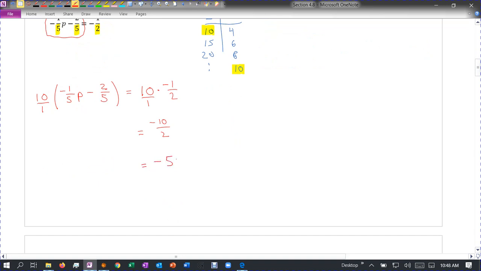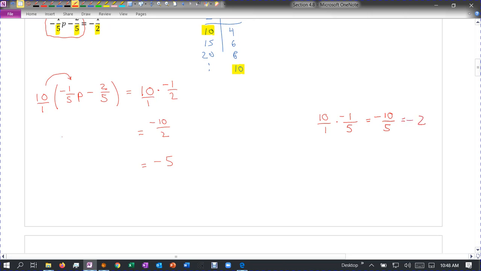Let's distribute on the left. So when we multiply here to here, we have to do just the 10 over 1 times the negative 1 over 5. This is negative 10 over 5, and this is negative 2.